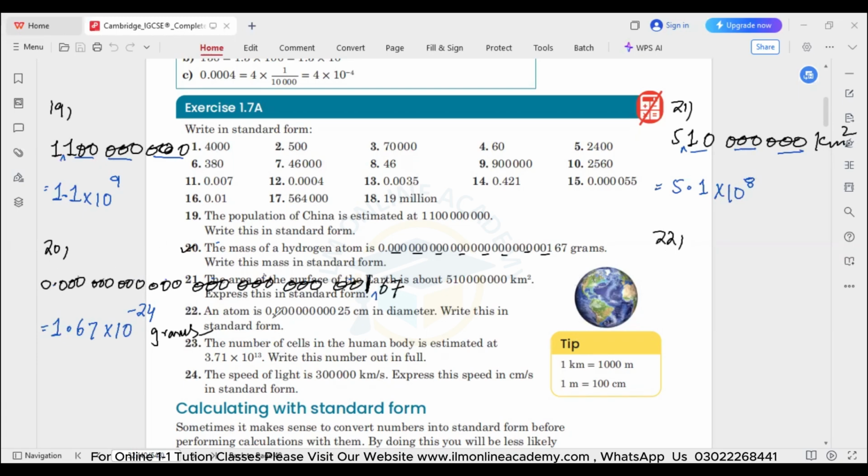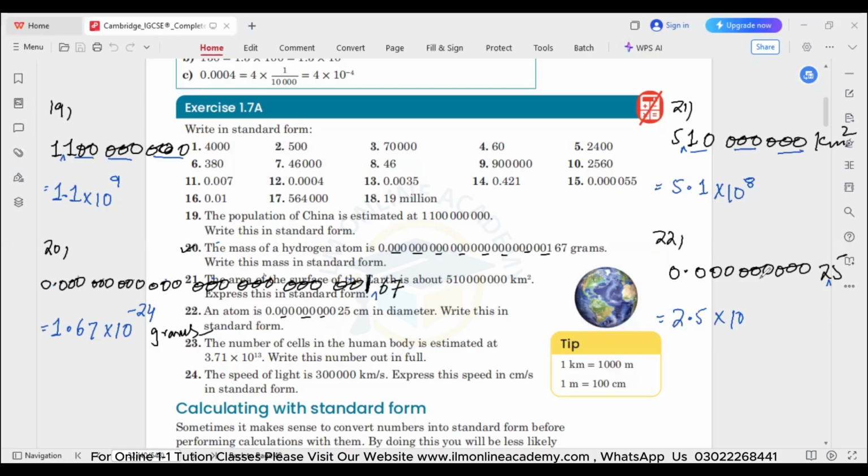Next, go on with the 22nd. We have an atom with this diameter, and we write this number in standard form. This is the diameter of an atom, so that's why it is a very small number. We have been given 3 sets of zeros, and along with that we have 25. The first significant number is 2, so we write it as 2.5, and in the power of 10 we need a negative number.